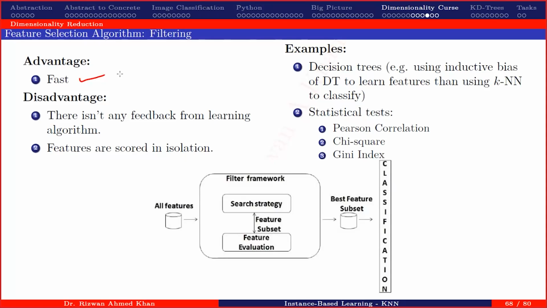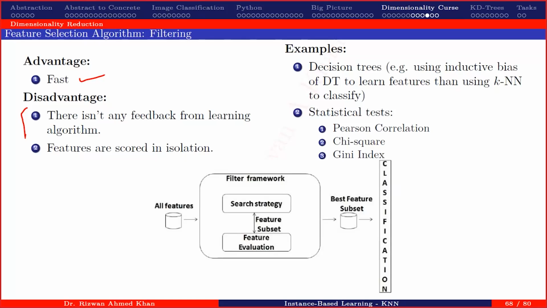Right. The advantage of the filtering based approach is that it is fast. We can evaluate these features very quickly. But the disadvantage is that there is no learning algorithm. So this selection is done independently of the target function. There is no evaluation based on the target function. For classification, with 3 class or 4 class problems, we will not test a subset, like taking the first 2 dimensions and testing on a classifier whether it is good or not.